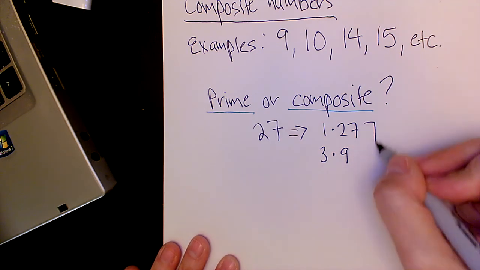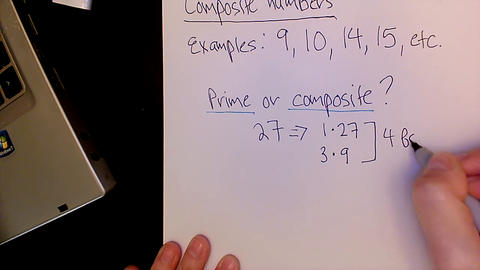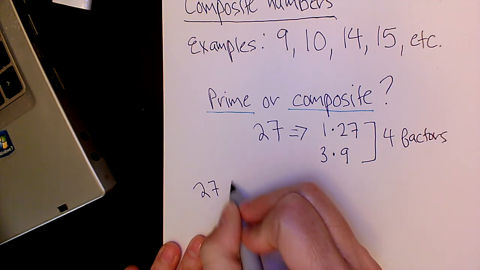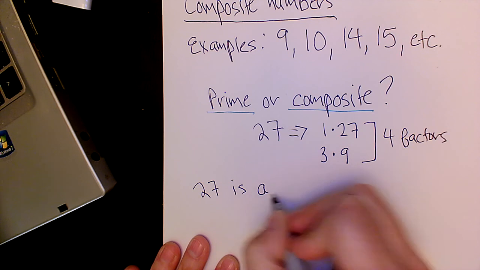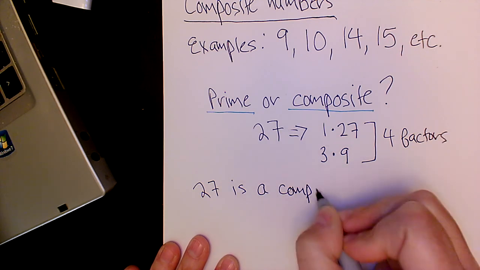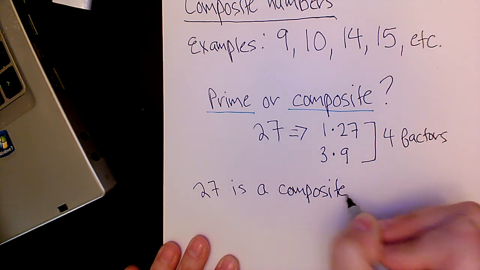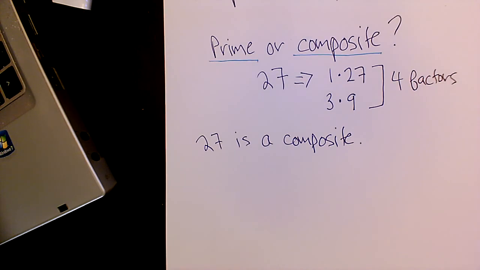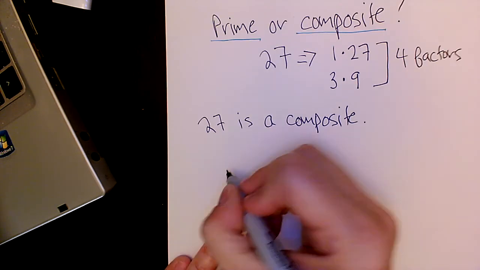So since I have 4 factors, I know it can't be prime. So we say 27 is a composite. Okay, let's do just one more.